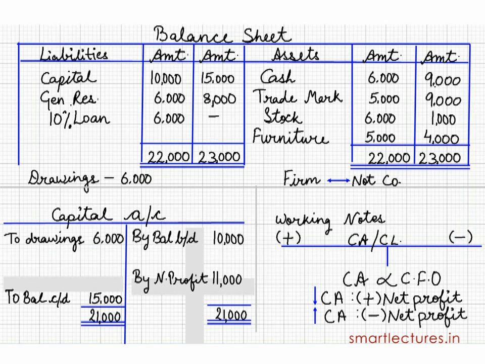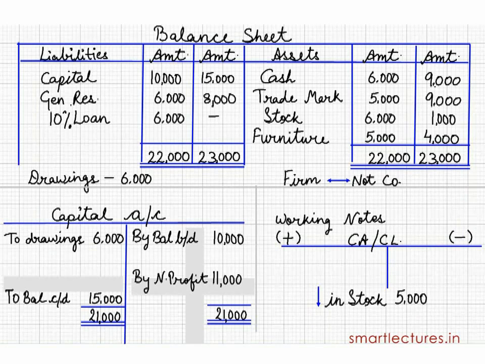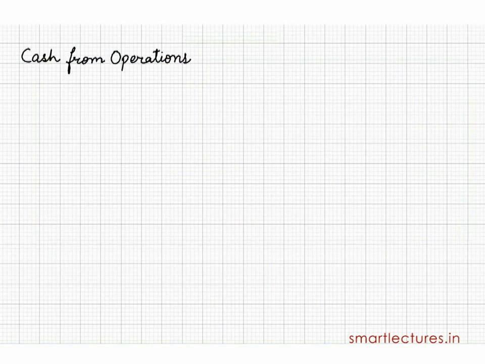In this balance sheet, the stock has gone from 6 to 1, so it has come down by rupees 5,000. Because it has come down, it will be added. So on the plus side, please write down decrease in stock 5,000. Is there any current liability? No. So only one item will be taken into account at the time of calculation of cash from operation.